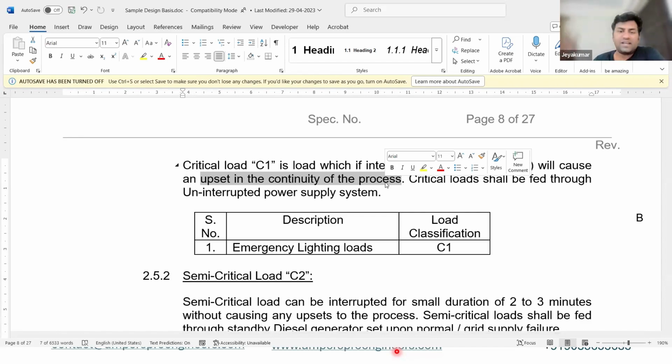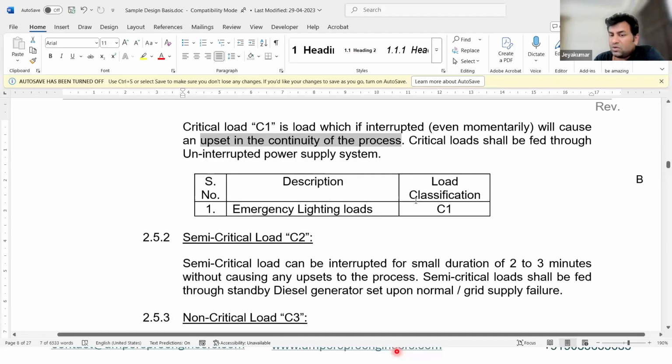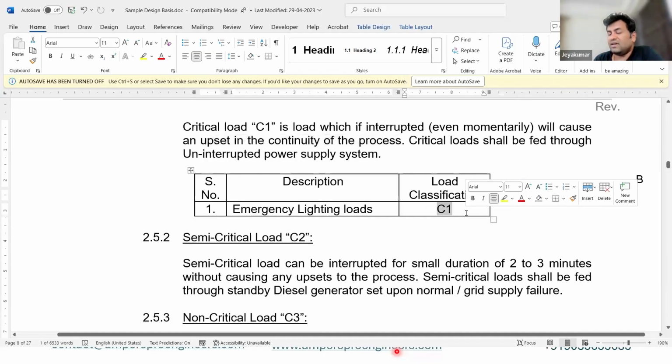So that is why process plants are very critical, and your chemical engineer will say that because of the electrical system only, the product doesn't come as expected. So we have to be very conscious and design accordingly. Those loads you have to put in a vital category, or C1, whichever way you want.